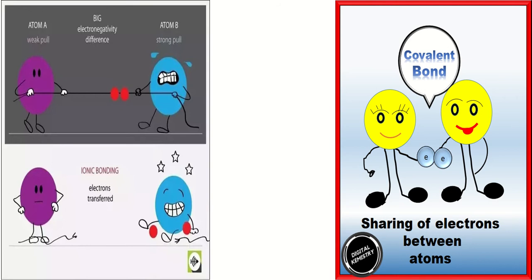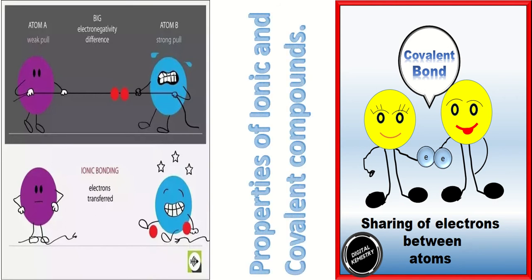There are some general properties of these compounds. Not only this, by these properties, the compounds can be differentiated from one to another. So, today we will learn properties of ionic and covalent compounds.